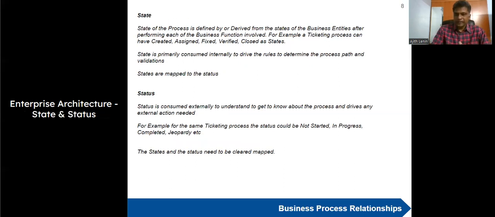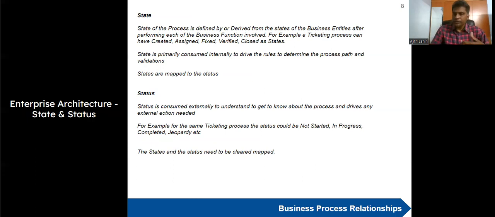Now let's look at state versus status, right? This is also a typical debate that happens whenever we deal with business processes. What is a state versus what is a status? State, I would define as something that is defined or derived from the states of the business entities involved in the process, and it is typically used for internal purposes.